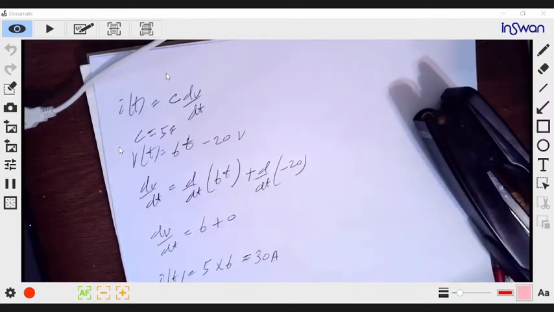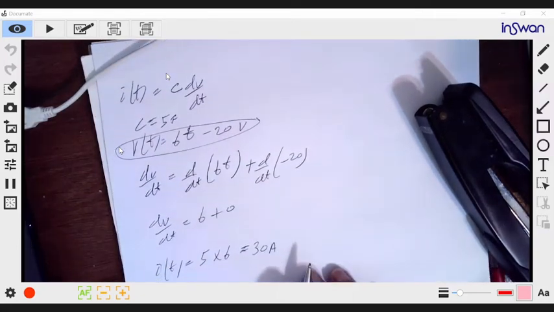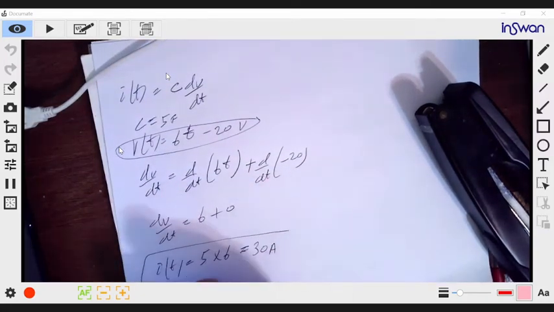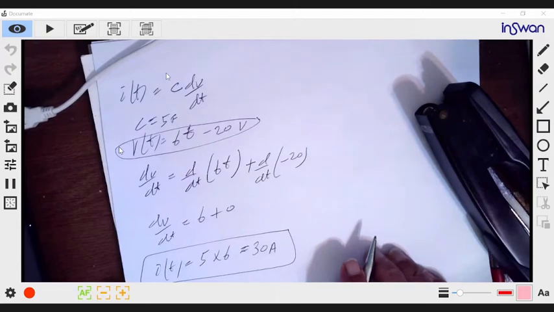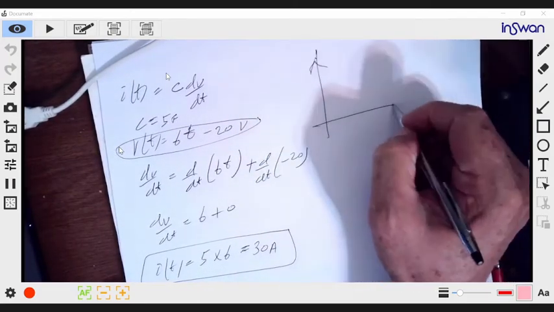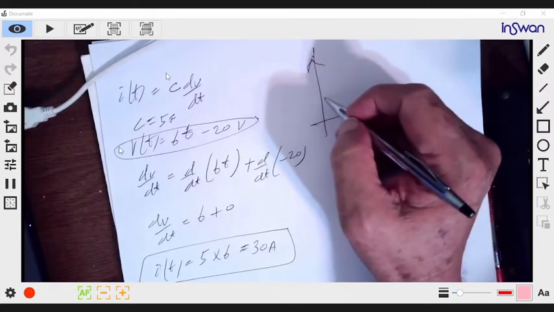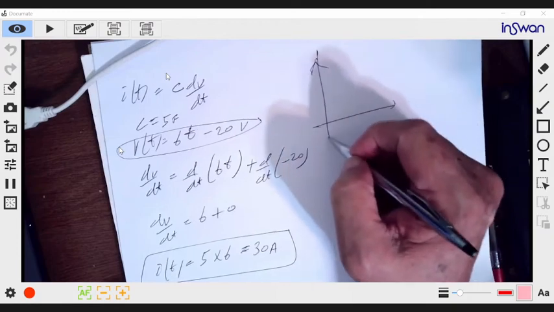Notice if the voltage is linear in the capacitor, the current is a constant. So if we would plot the voltage, where's the voltage? The voltage should be something like this.